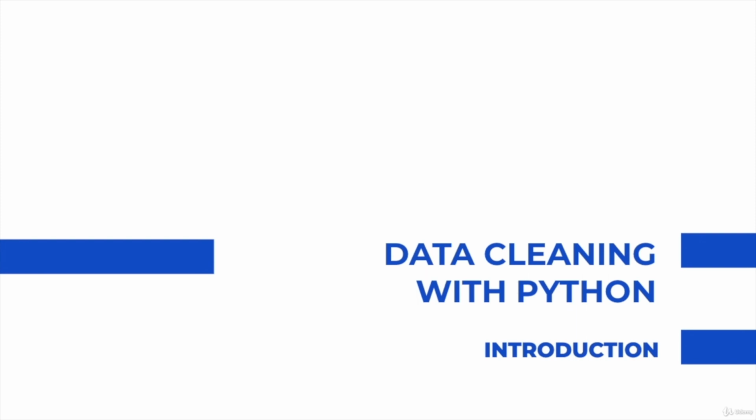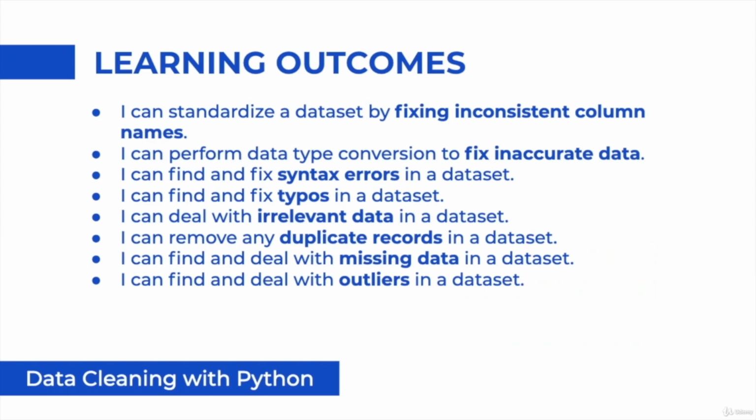In this particular course, we are going to cover some of the most fundamental techniques that you need to perform in order to clean your dataset. So the learning outcomes for this course are as follows. I can standardize a dataset by fixing inconsistent column names.